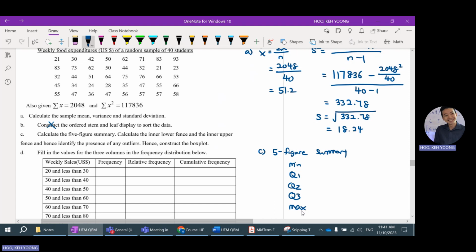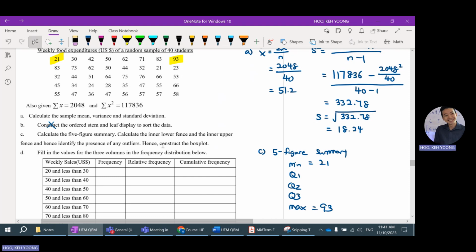So you need to find the smallest and largest values. This is easy. The smallest value is 21. The largest value is 93.